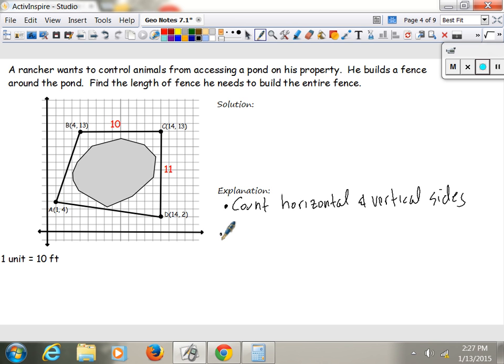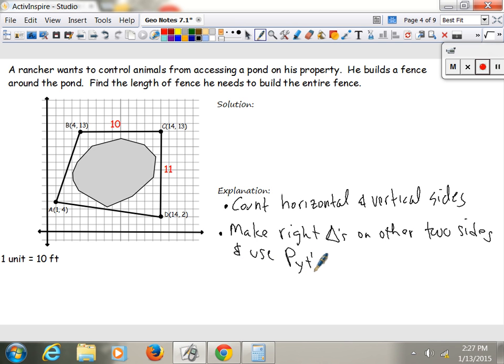So down here, make right triangles on other two sides and use Pythagorean theorem. Pythag theorem, you know what that is? Okay. So Pythagorean theorem is what you'd use after you make the right triangle.